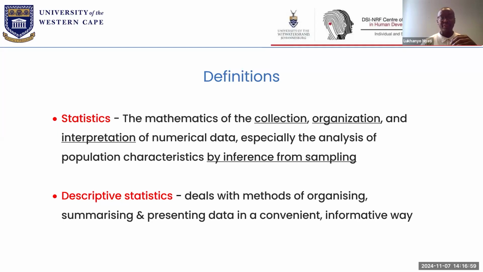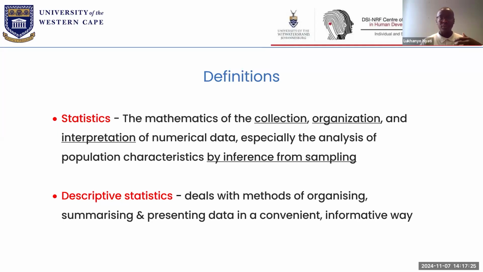So the next level of statistics is what is called descriptive statistics. And usually in papers in epidemiology or any studies that deal with human quantitative studies, you want to describe your sample.